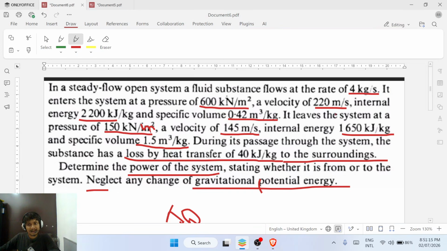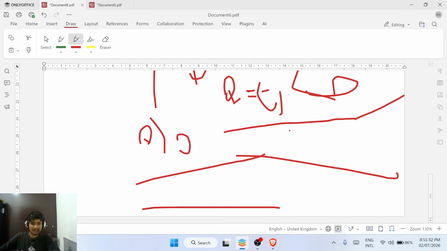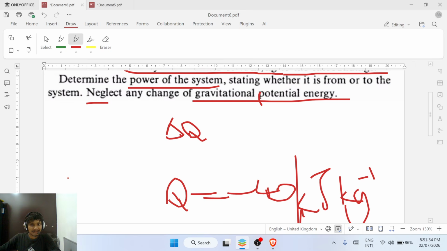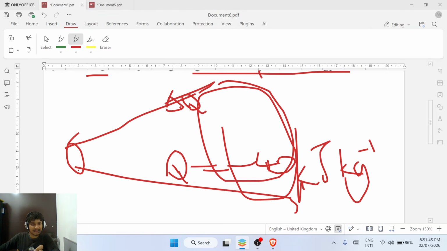Therefore, the initial velocity of the fluid is higher than the final velocity. So the system may be like this, because here the area is narrow and here it is a wide area.